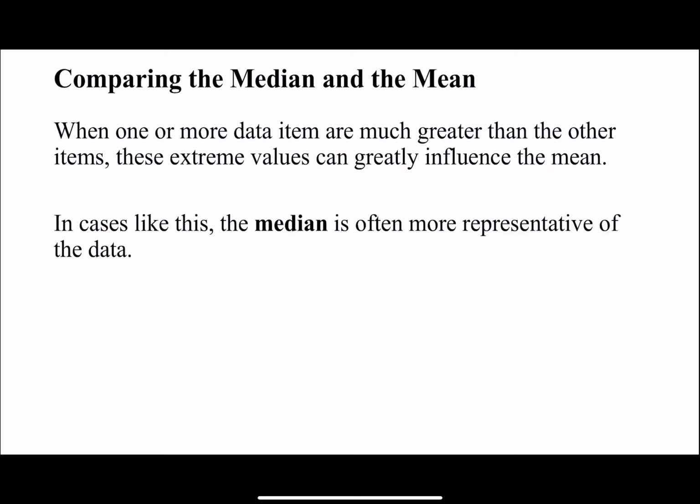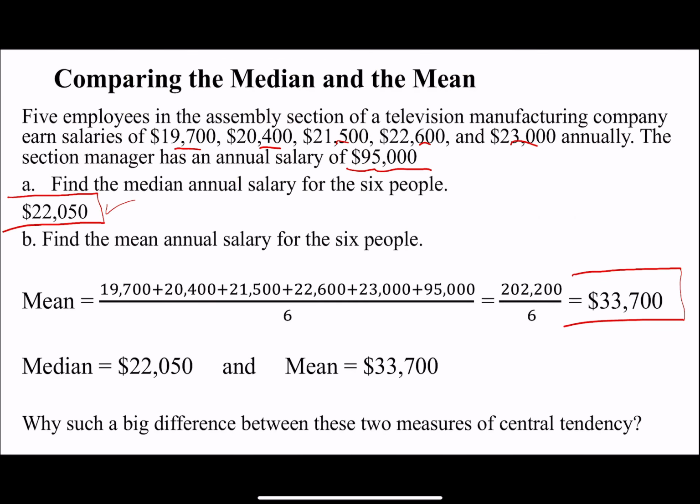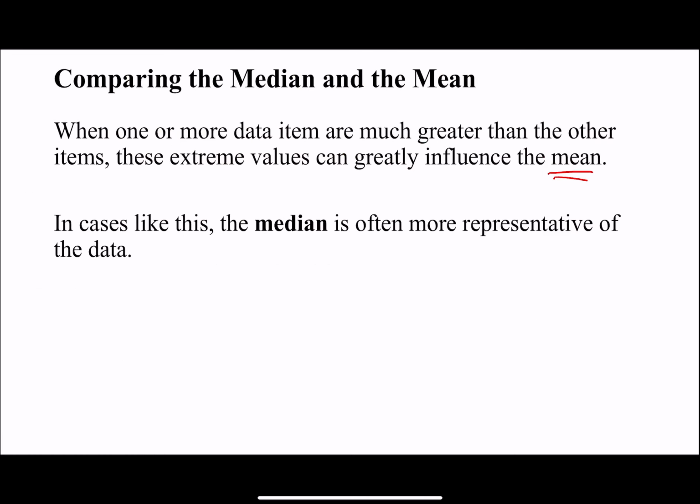So, whenever we have one or more data items that are much greater than the other items, these extreme values can greatly influence the mean value, just like what we saw here, right? The mean value increased to 33,700. In that case, it's better to report the median, actually, right? That's often more representative of the data, okay?